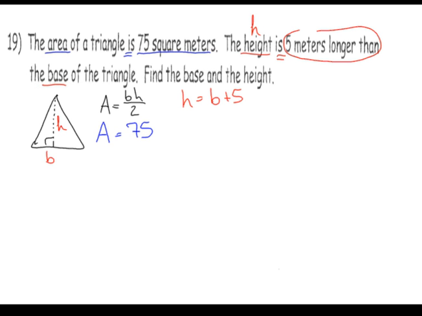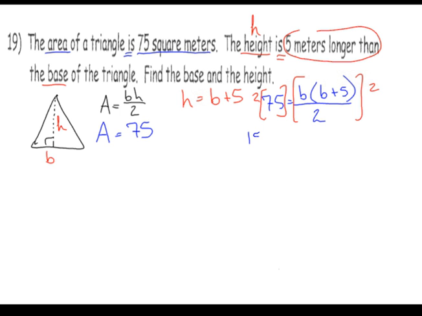So I now know that I have 75 is equal to b times b plus 5, because that's my height, b plus 5, divided by 2. Next, I'm going to multiply both sides of my equation by 2 to remove my fraction.